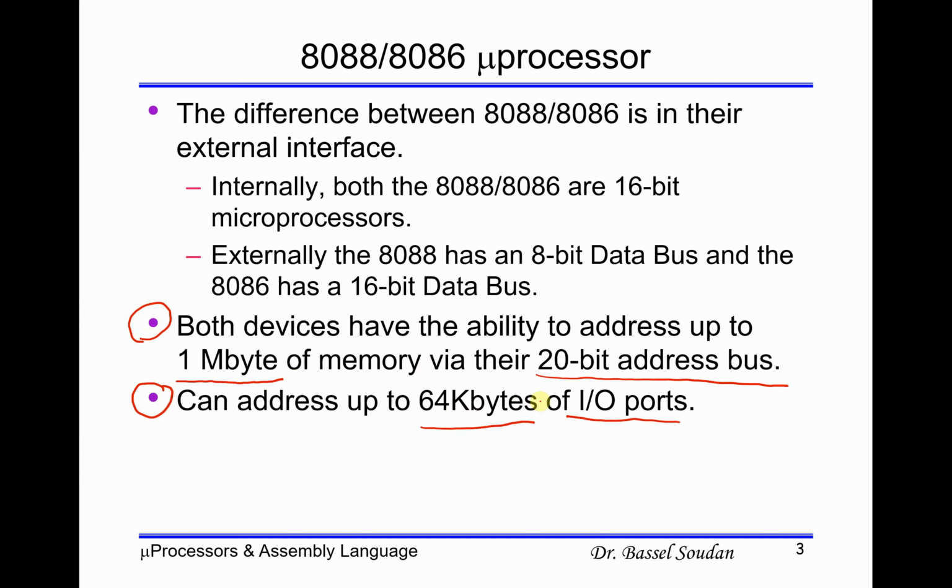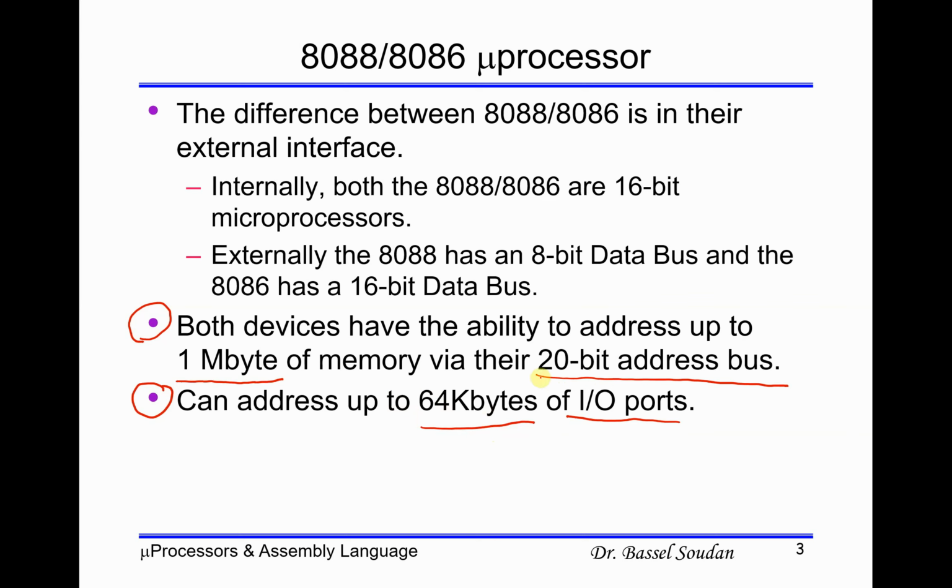In the memory, we call them memory addresses. Since we have 1 megabyte of memory, we need a 20-bit address. For the IO, they use a slightly different terminology.